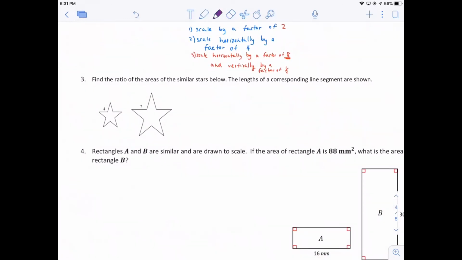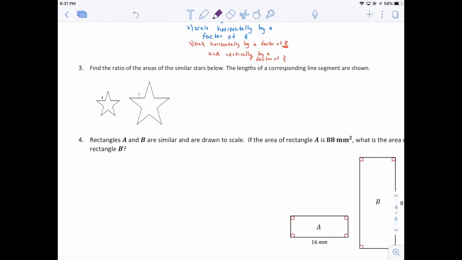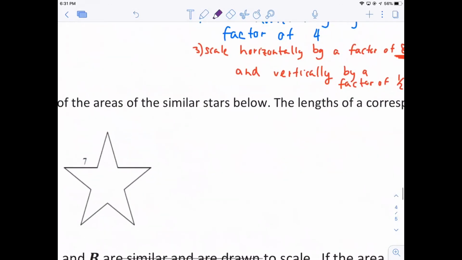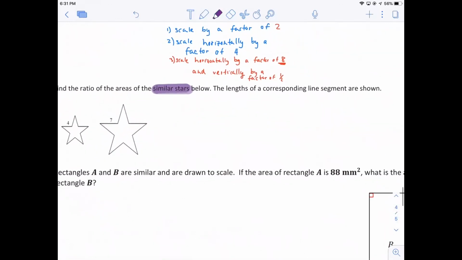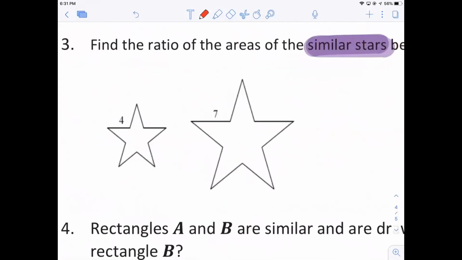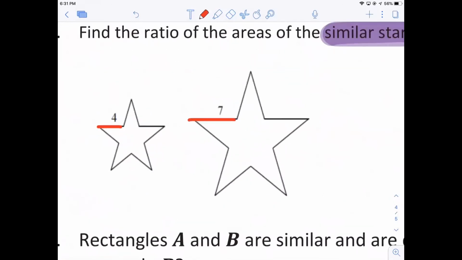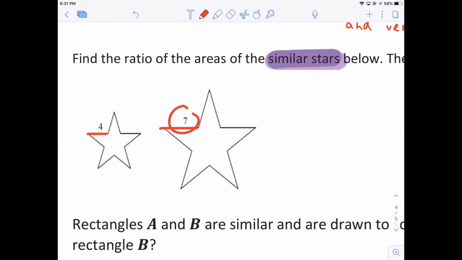All right, number 3, find the ratio of the areas of the similar stars below. The lengths of a corresponding line segment are shown. So the key thing here is that these stars are similar, right? If they are similar, well, the ratio of their side lengths is, again, image over original.